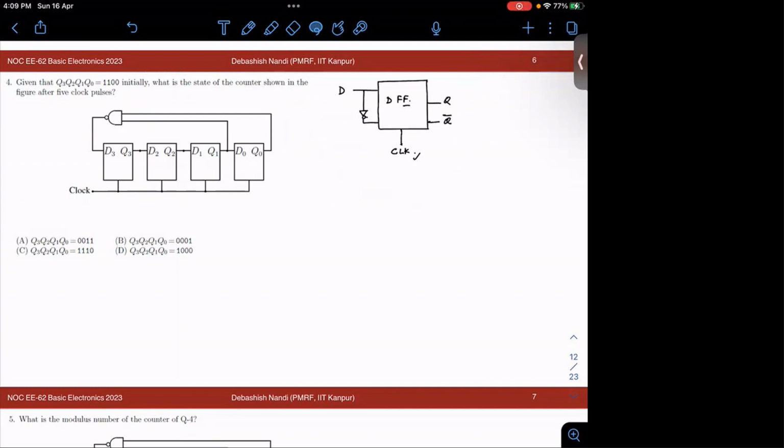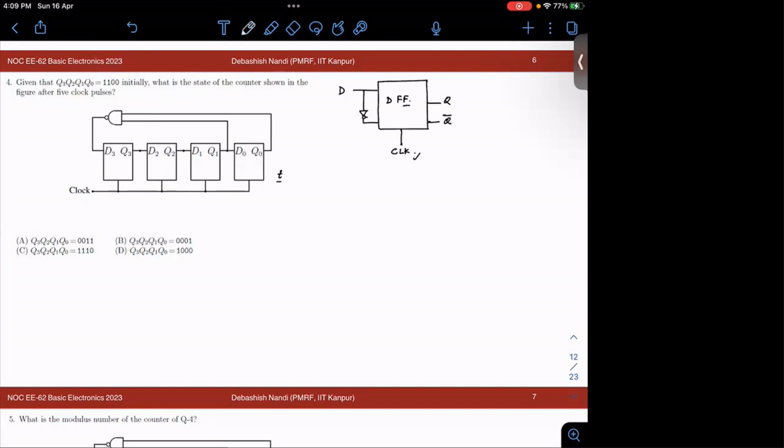The way to go about solving this is to make a table.